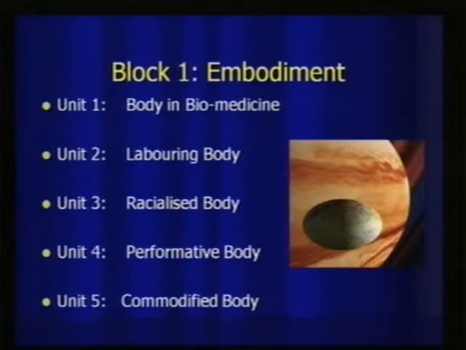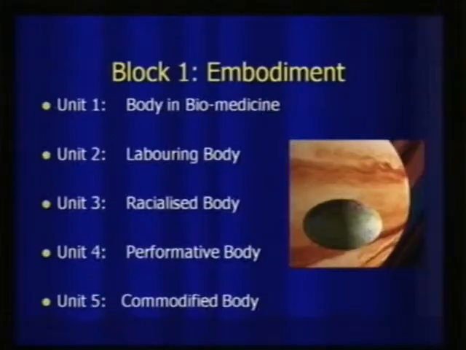Unit 4 talks about performative body and about performance, and here we will be talking about performative body in relation to creating different gender identities. This is the first theme of this unit, and the second theme is the influence of different socio-cultural processes in the production of performative body.